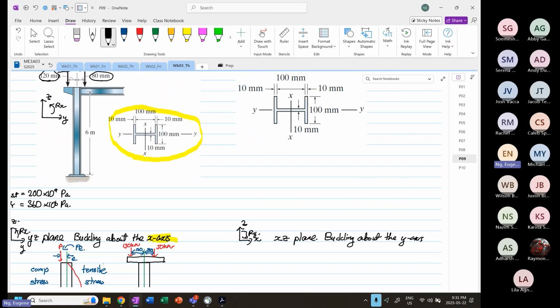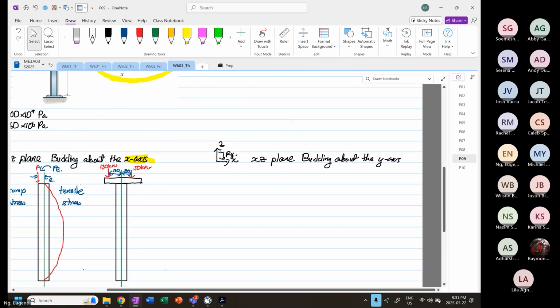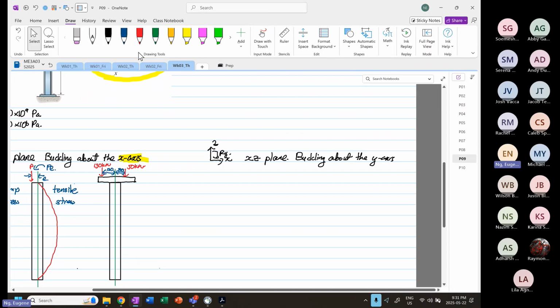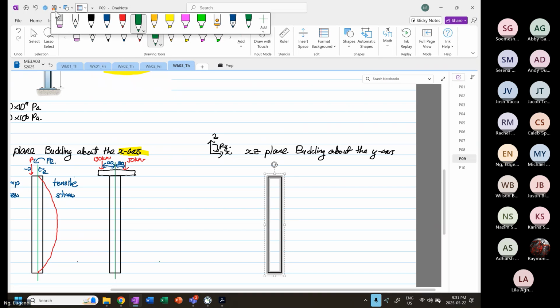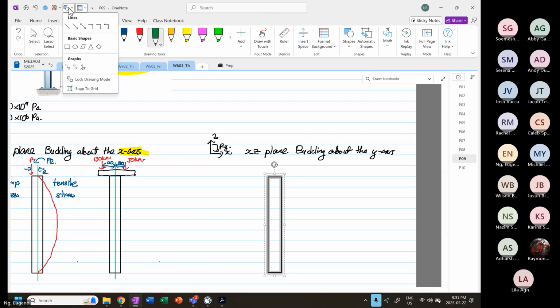So now if I'm going to sketch that, okay, so now the view changes. So now again, we have our beam. Okay, and then we have our geometric centroid.